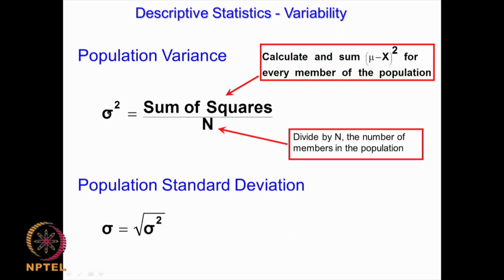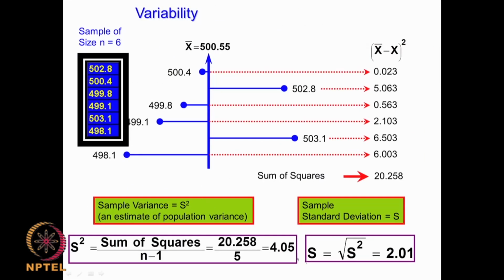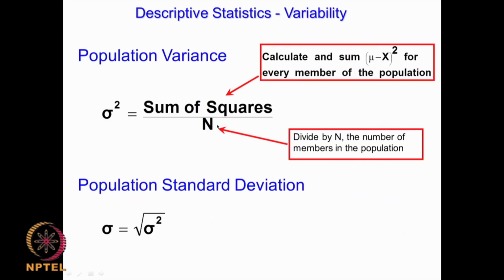So analogous to s square, we also have sigma square, where we say sum of squares divided by n. As you might have noticed, instead of n minus 1 which we have here, we are just having n, because in a population the number of data points is huge, so it does not make much difference whether we take n or n minus 1. So the population standard deviation of course is the square root of this.